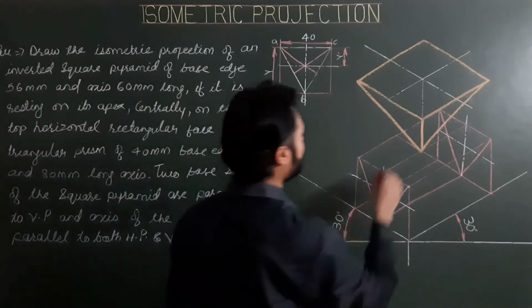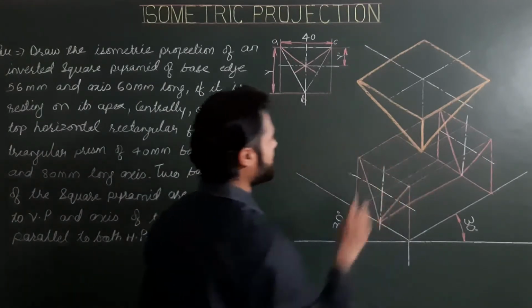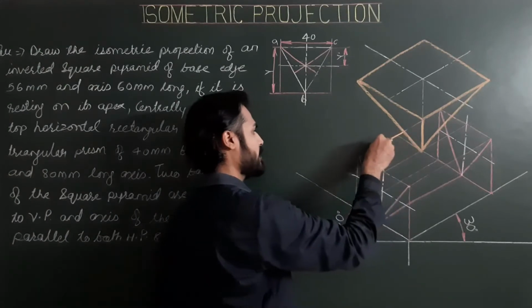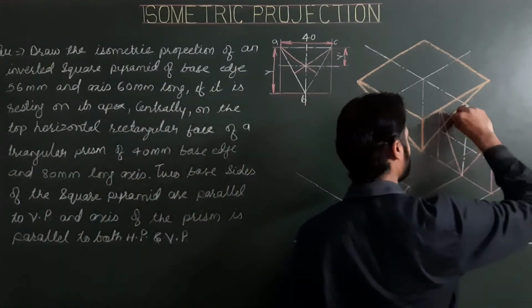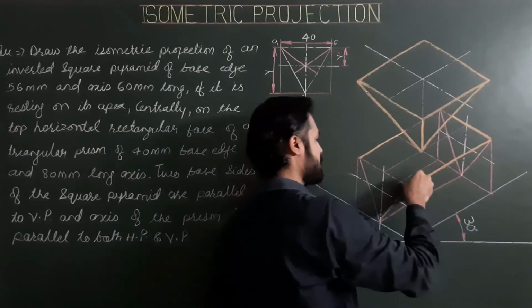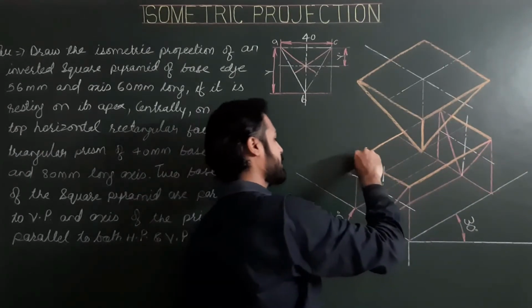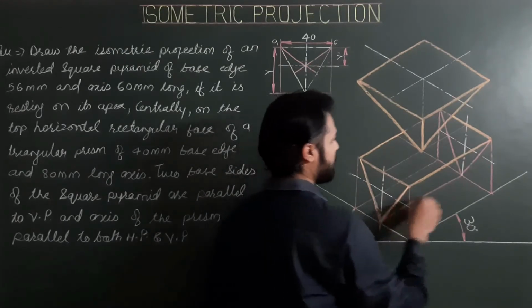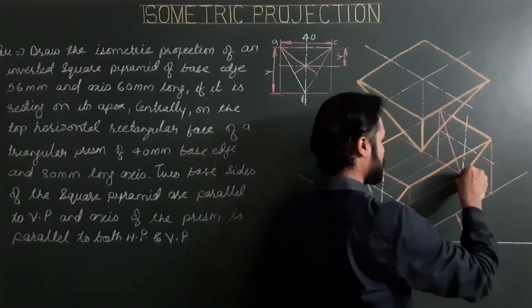Okay, and for the triangular prism we have to show all visible sides and generators. These are visible generators and visible sides of the triangular prism.